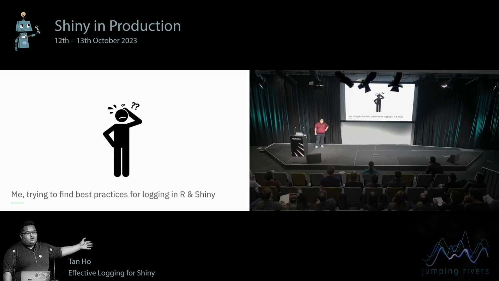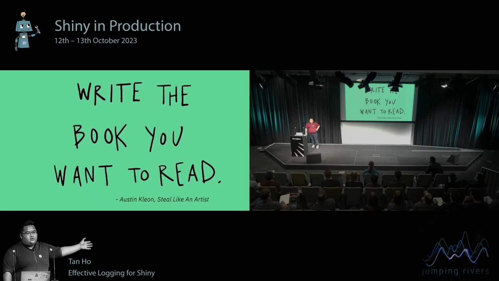Lots of stuff about JavaScript. There's a package called ShinyLogs, which monitors the JavaScript side of things and writes everything. But it doesn't control the R logic, and usually that's where the problem is. So I had a heck of a time trying to find best practices in R and in Shiny. So this talk is the book or the resources that I wanted to read when I was looking for it.